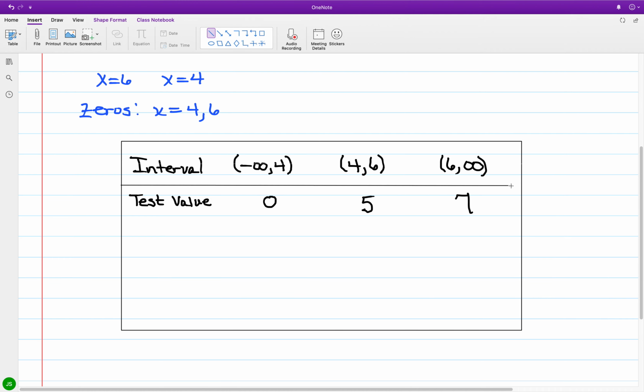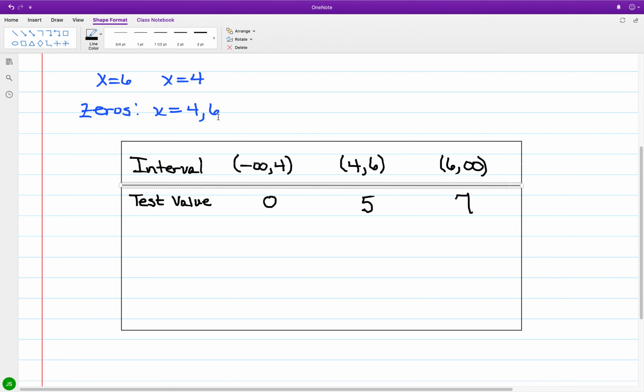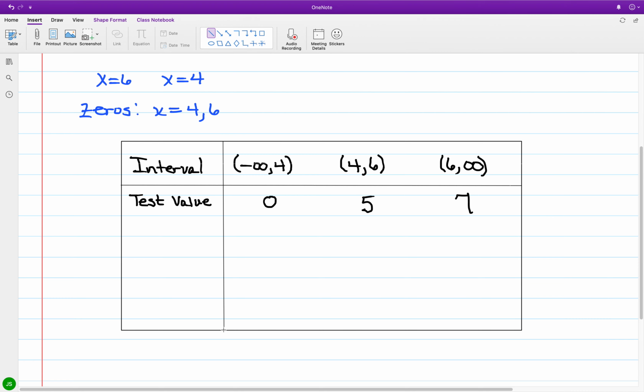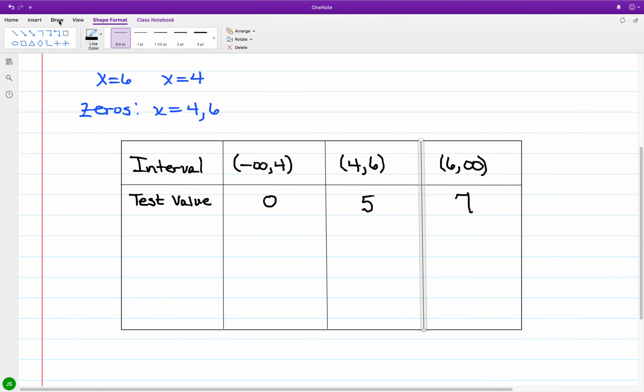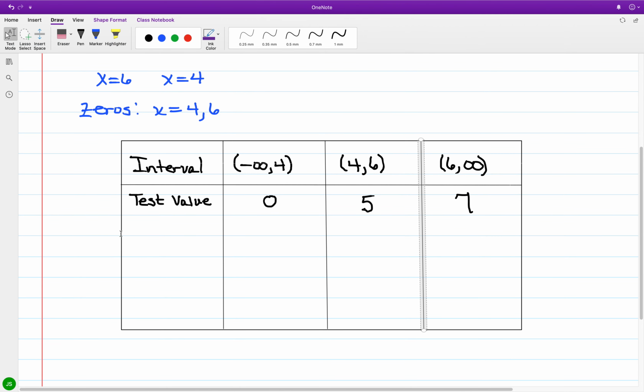Since we draw these vertical boundaries, and again we have testing out.